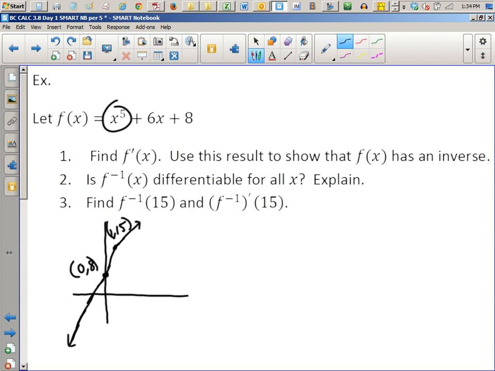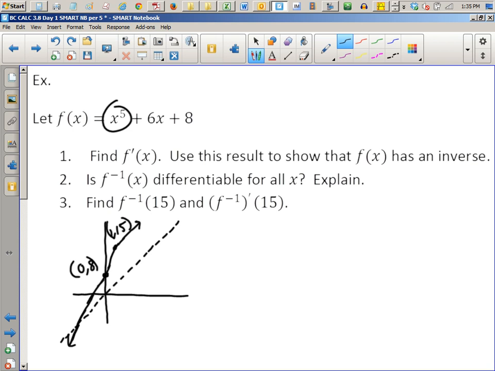Close enough. I would like to talk about the inverse function. Okay, so the inverse function would be a reflection over this line, right? Right here. And my polynomial graph is not that great.